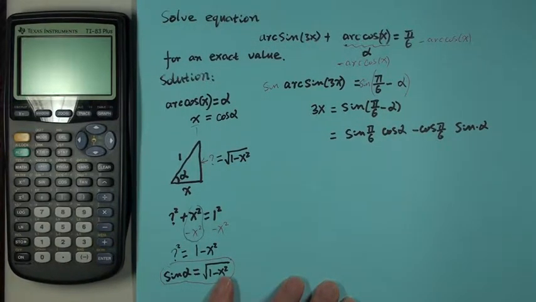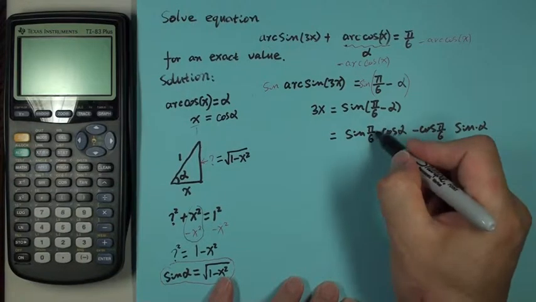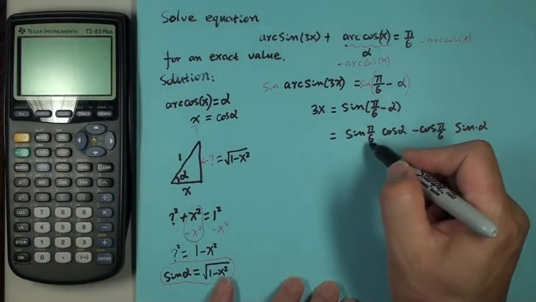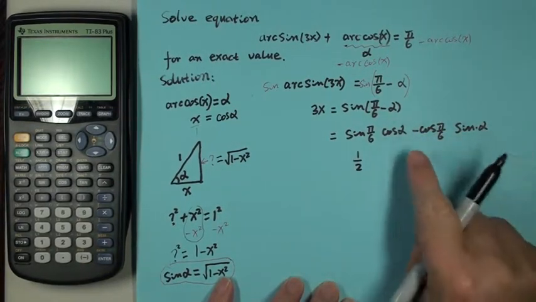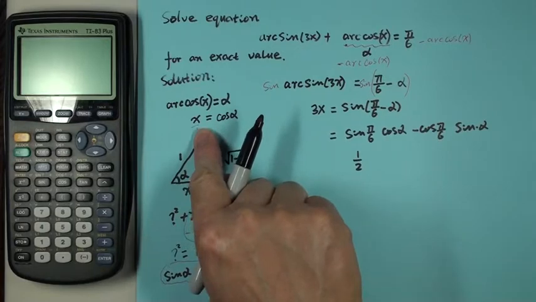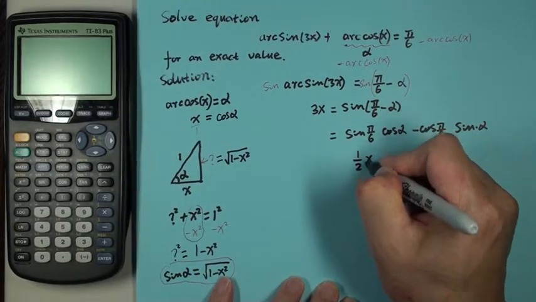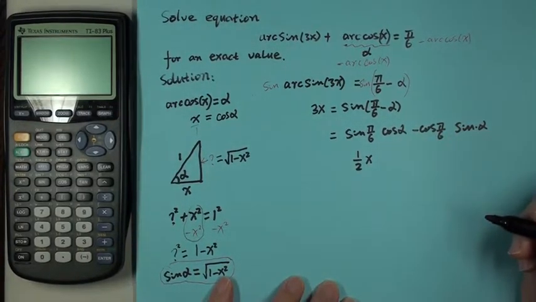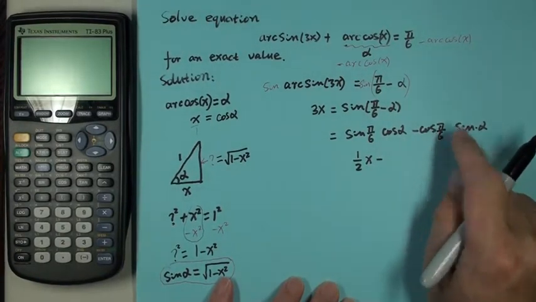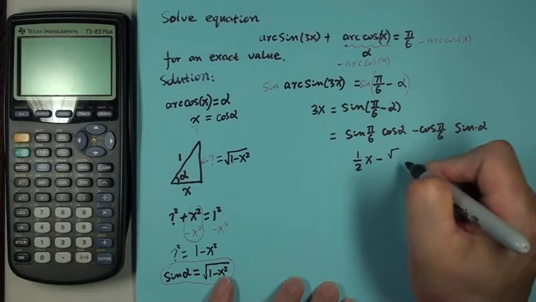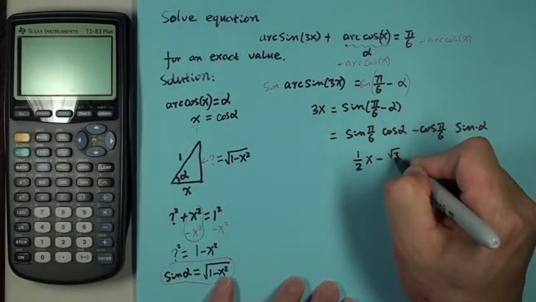All right. Now, look, what do we get? Sine pi over 6 is sine 30 degrees, which is 1/2. Cosine alpha is x. See that? That's x. Easy, 1/2 x. And then cosine pi over 6 is radical 3 over 2.